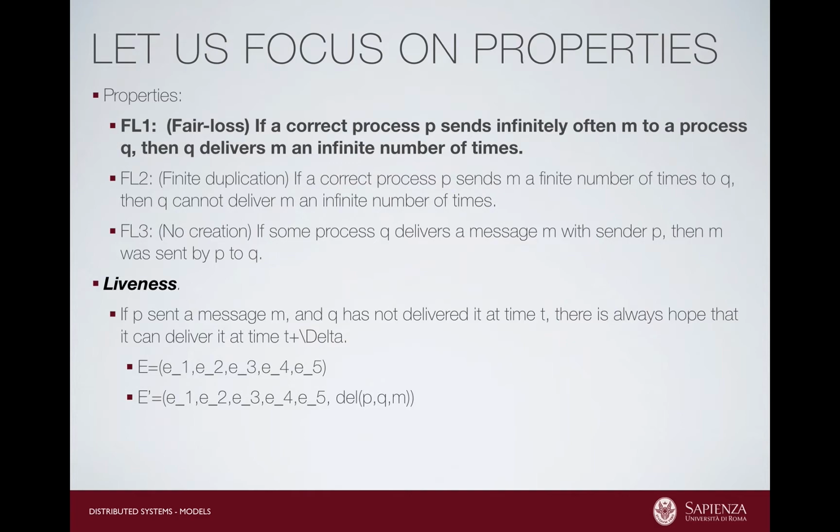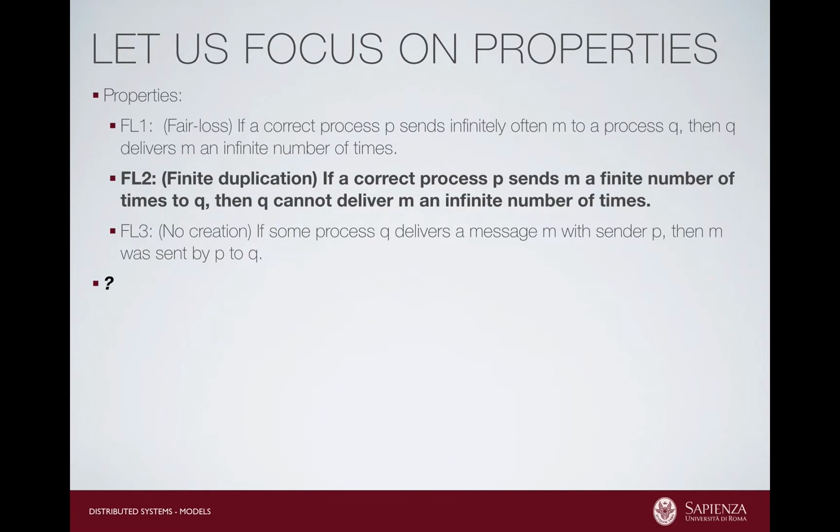So if we take an execution E where the message was never delivered between P and Q, this execution can always be transformed into something that satisfies the liveness property, and we just have to complement E by creating an E prime that is constituted by an infinite number of deliveries.